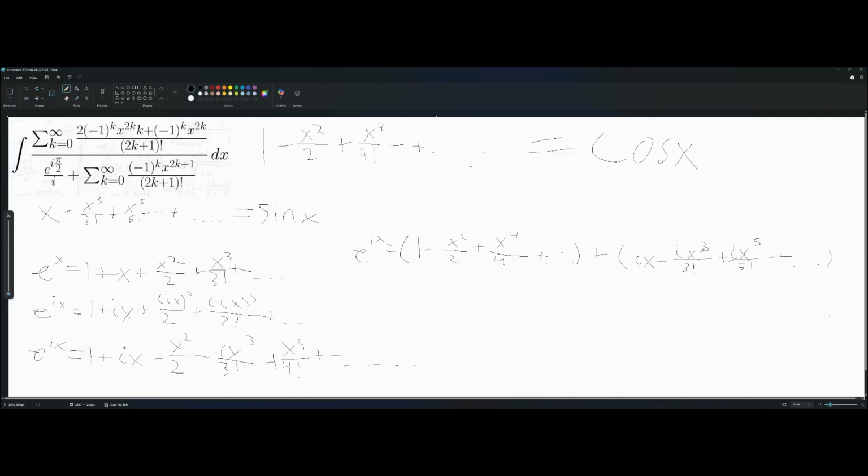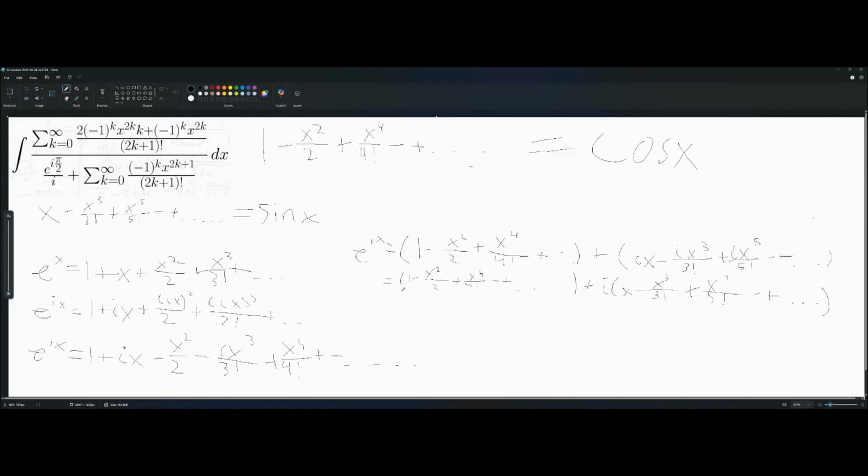And now what if we take out this i? Well, then we get that this is just equal to 1 minus x squared over 2 plus x to the fourth over 4 factorial, on and on, minus plus, plus i times x minus x to the third over 3 factorial plus x to the fifth over 5 factorial, minus plus, on and on and on.